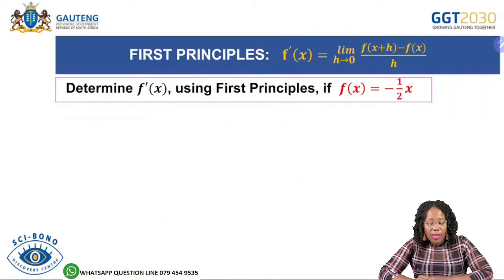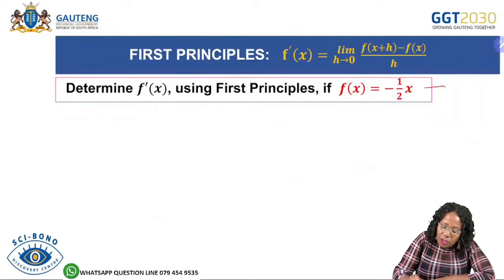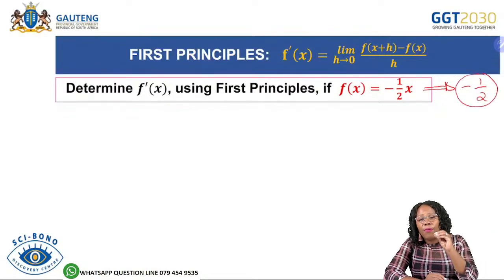And then now let's look at the next one. We are now having a fraction. Remember, the first thing that you do, you determine the answer that you are expecting. So for this one, we are expecting our answer to be the coefficient of x, which is minus a half. So after simplifying, we are looking forward to an answer that is equal to what?